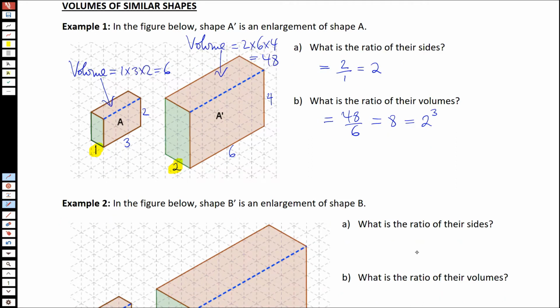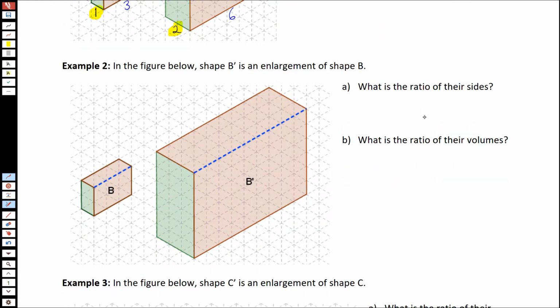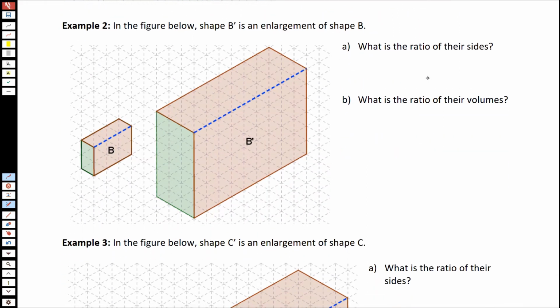So let's find out if the same relationship exists with the shapes in example 2. So in example 2, again, we have two cuboids, and the lengths are 1, 3, and 2. And here we have 3, 9, and 6. Let's just work out the volume of each because we need the ratio of the volumes.